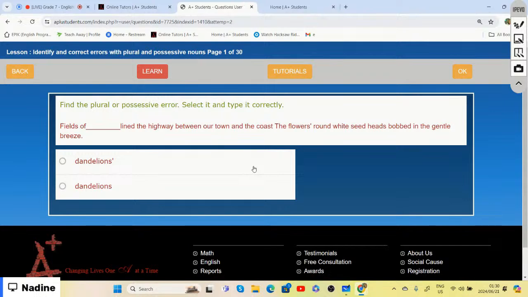We need to choose the correct word, either option one with an apostrophe or option two as a plural form. We need to choose the correct answer.